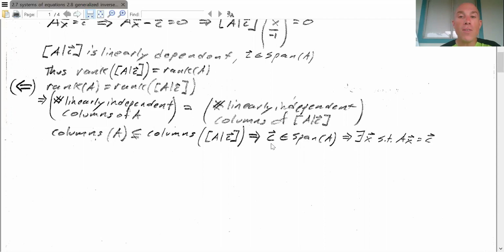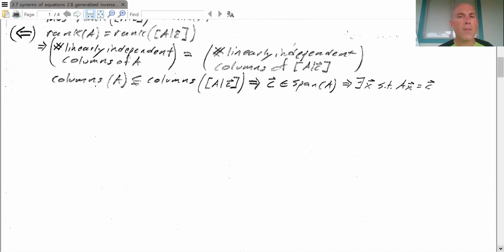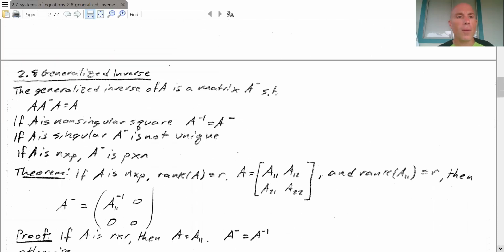Therefore, we know that C has to be inside the span of A, because tacking it on does not increase the number of linearly independent columns because of the rank equality. All right, therefore, there has to exist some vector where if I multiply A, I get C, because C is inside the span of A. There's some nuance to this. You might want to look over this a few times before you start hitting the homework.